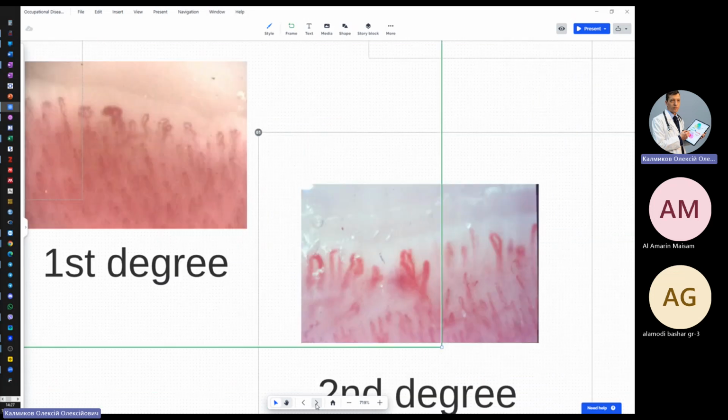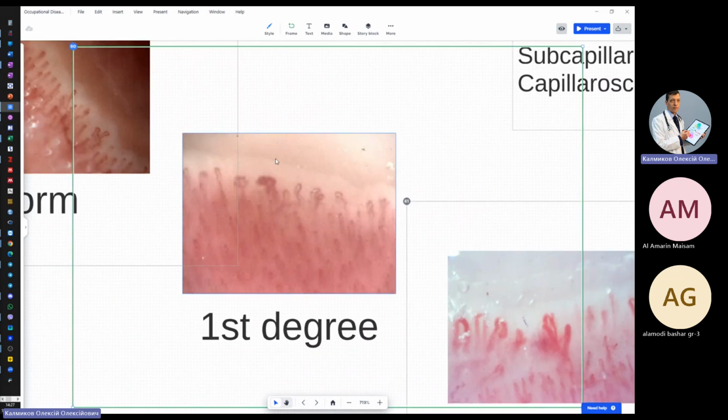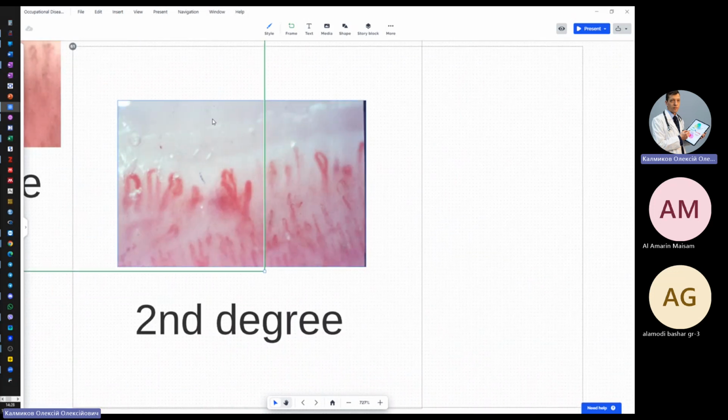While in second degree, the background becomes less pinkish, but more pallid, and the quantity of capillaries per square millimeter becomes lower when compared with a normal person. And in third degree, the background becomes extremely pale.